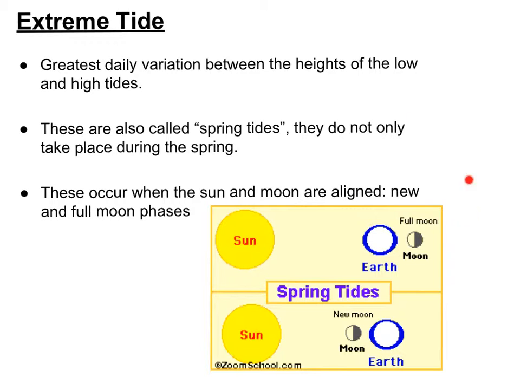So that's going to give us our extreme tide, or as some people would call it, our spring tide. And at the bottom, it's the same. When the sun and moon are aligned, we have the new moon when the moon's in between the sun and the earth. And that again is going to give us another spring tide or extreme tide.